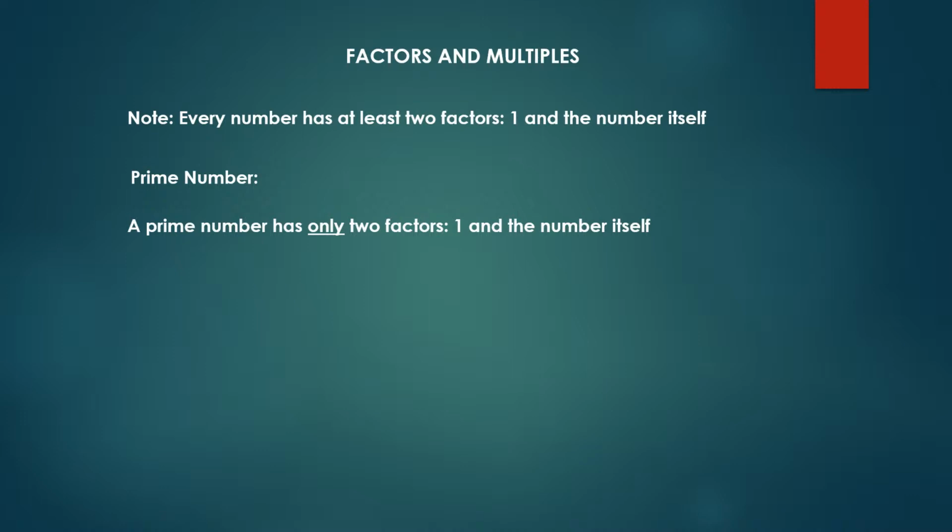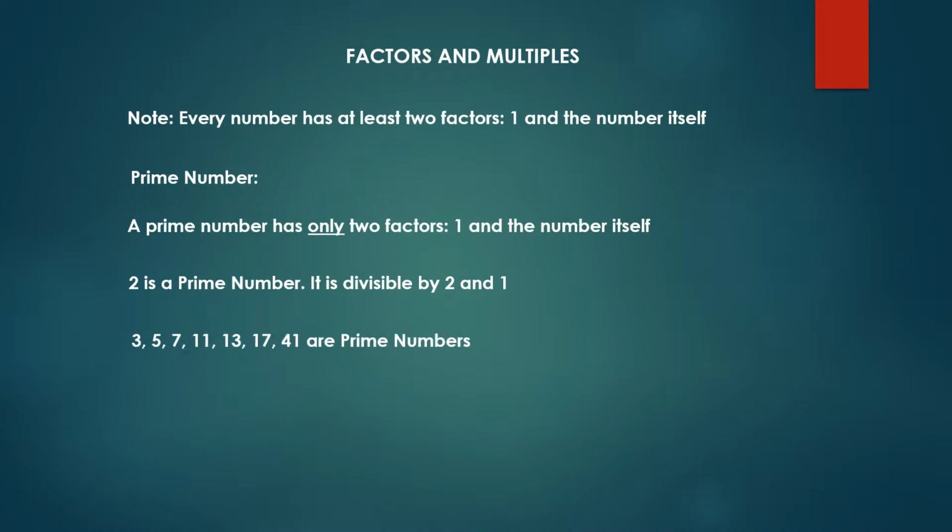For example, 2 is a prime number. 2 is divisible by 2 and 1. It means it has only 2 factors. Similarly, 3, 5, 7, 11, all these numbers are called prime numbers because each of these numbers has only 2 factors, 1 and the number itself.